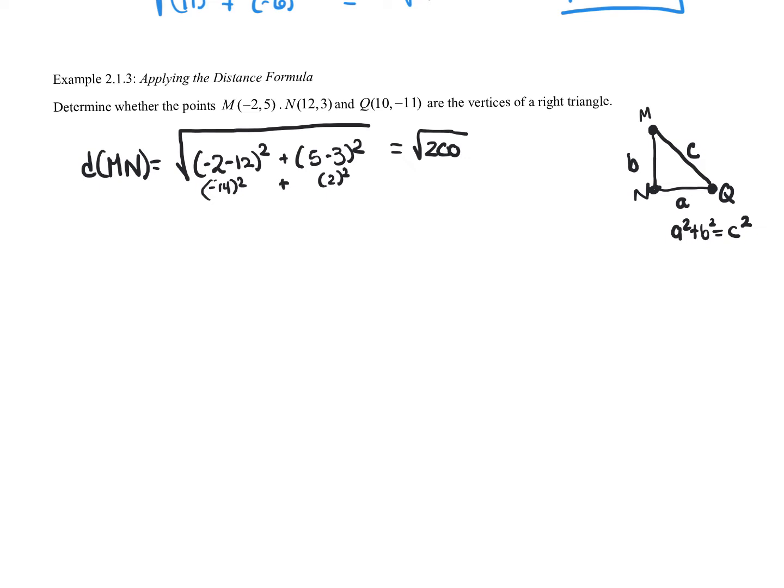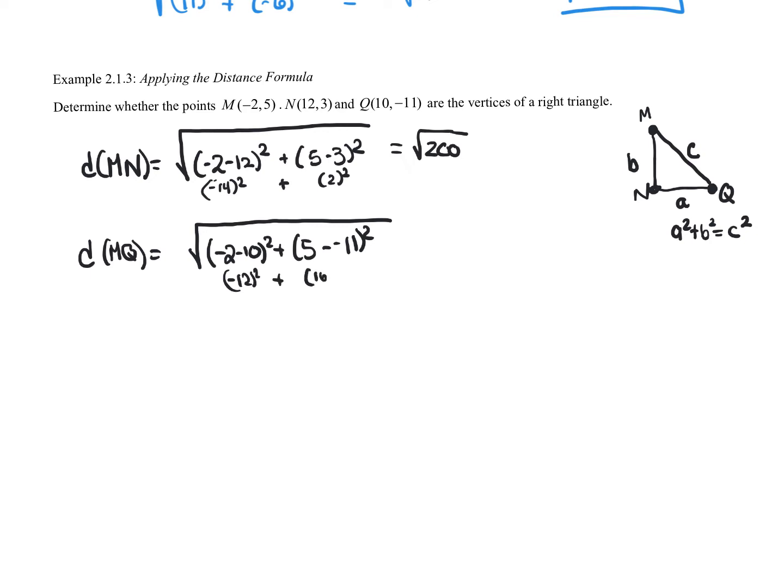And then, if I made M and N friends, let's do the distance of M and Q. So when I do that one, I'm going to get negative 2 minus 10 squared plus 5 minus negative 11 squared, sorry. So this is going to be negative 12 squared plus 16 squared. That's going to get me the square root of 400.